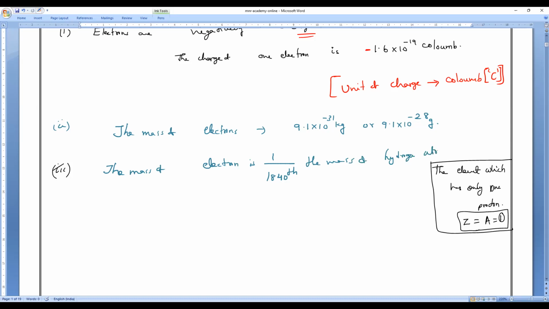In the sense that the mass of one electron is approximately 1 by 1840 u. Understanding? u, or we can also call it amu, atomic mass unit. That is what you have to remember. So that much extremely smaller. Because of this reason, we are not considering the mass of electron while we are calculating the atomic number or atomic mass?